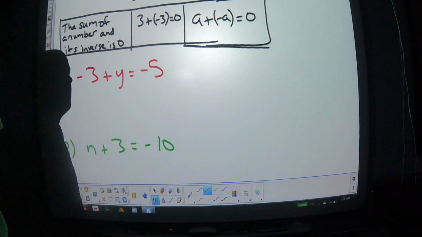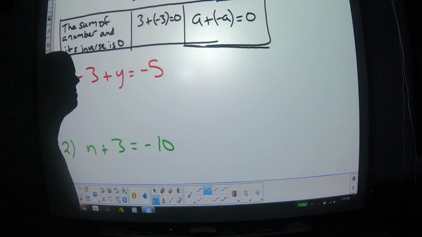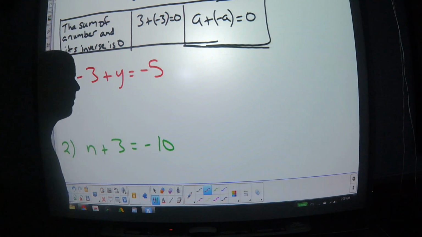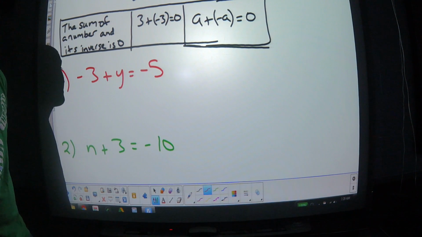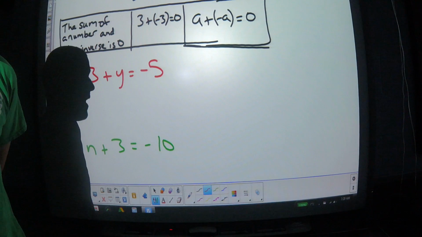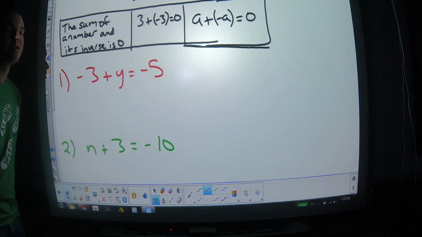addition rule. Remember that the sum of a number and its inverse is 0. So 3 plus a negative 3 is 0. A plus negative a equals 0. A negative 6 plus 6 is 0. Okay, so that's the inverse addition rule: if you are adding its opposite or its inverse, then you're going to get 0.